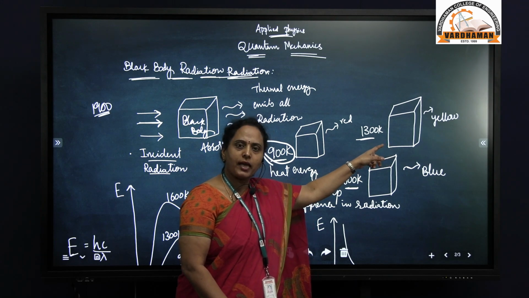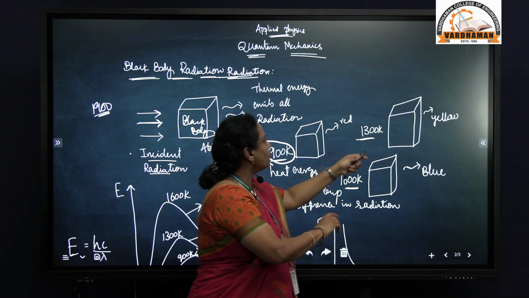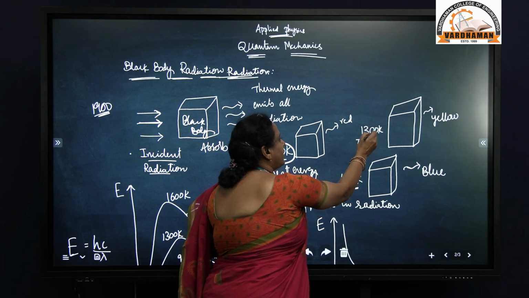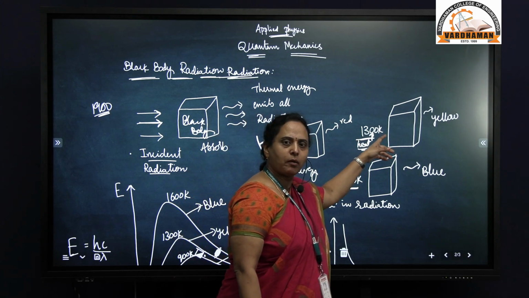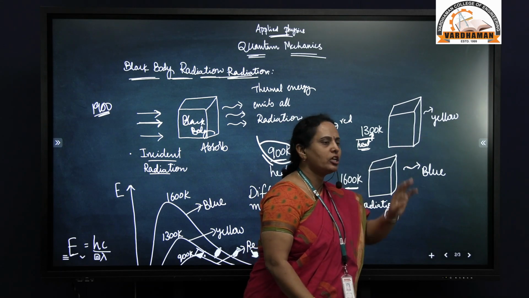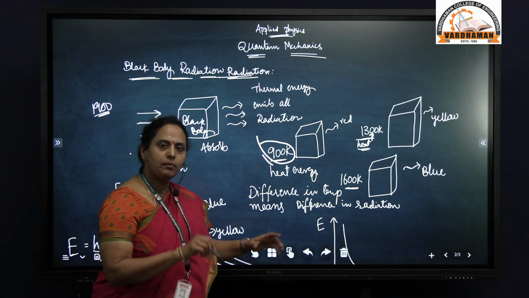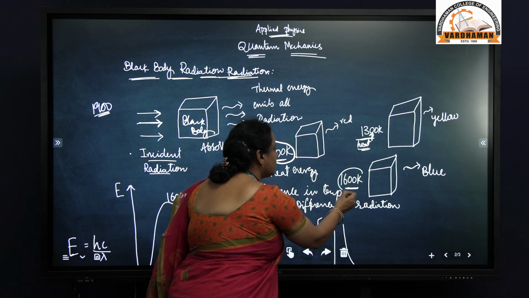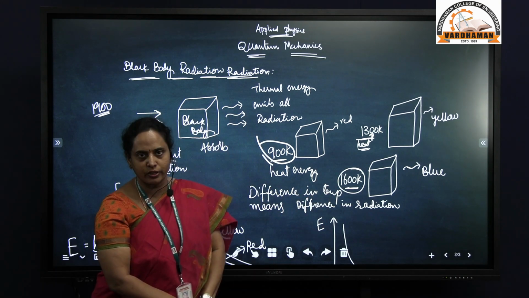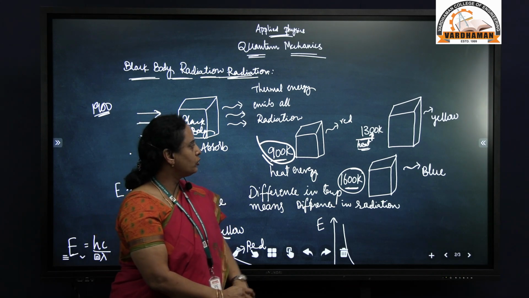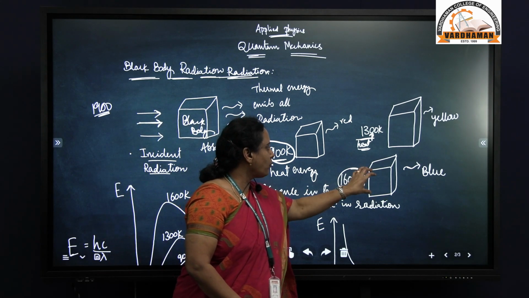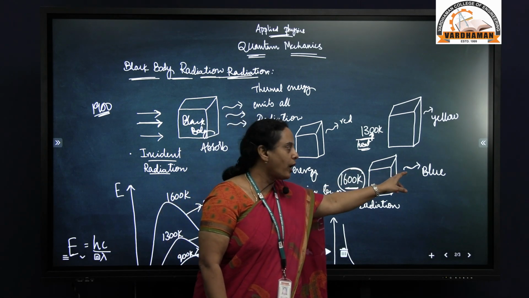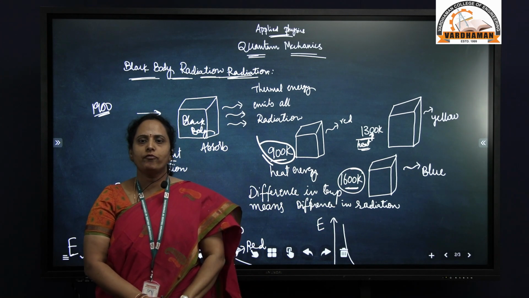Next, if I give the same black body 1300 K, it emits the energy as yellow light. Similarly, when it is given 1600 K, the black body absorbs this energy and emits it in the form of blue light.